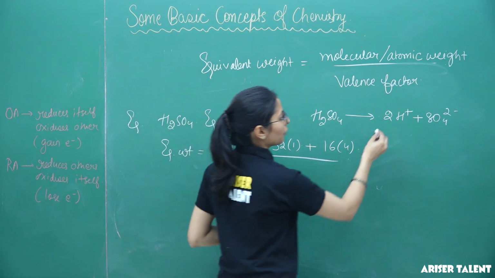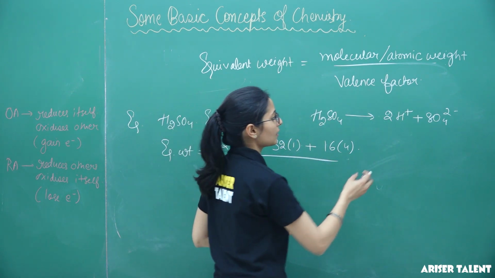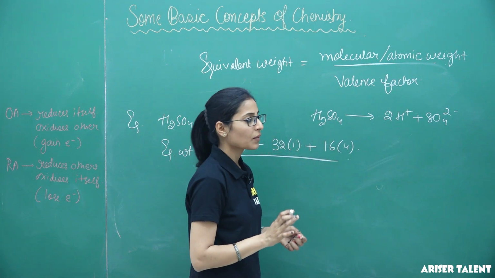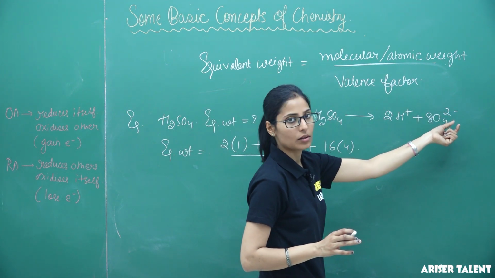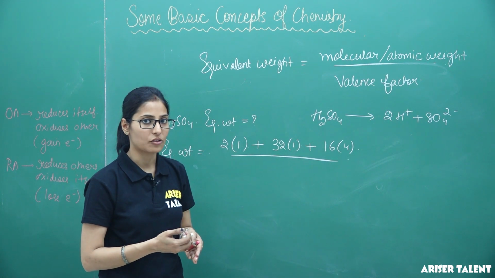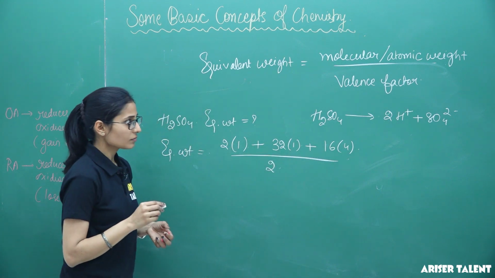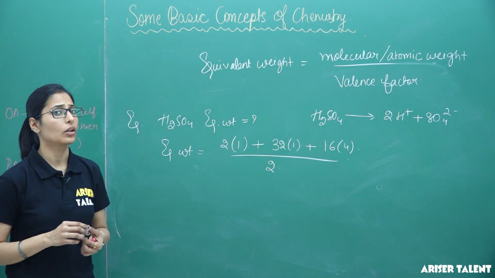If we take the example of the cation, we can easily see that here we have 2+ ions, so 2 electrons. The total charge participating in the reaction is 2, so this will be equal to 2. This is how you have to decide the valence factor.